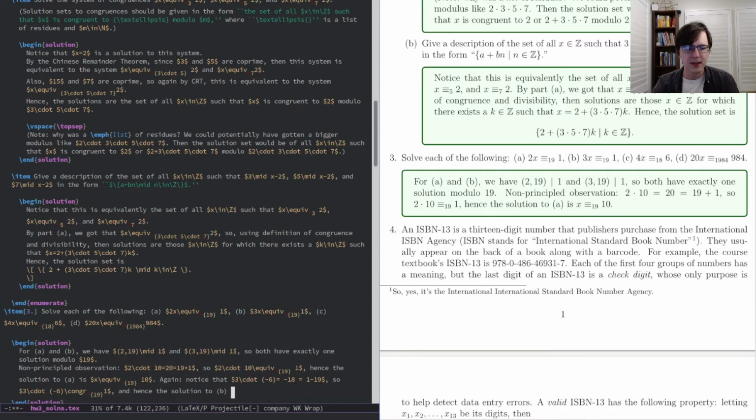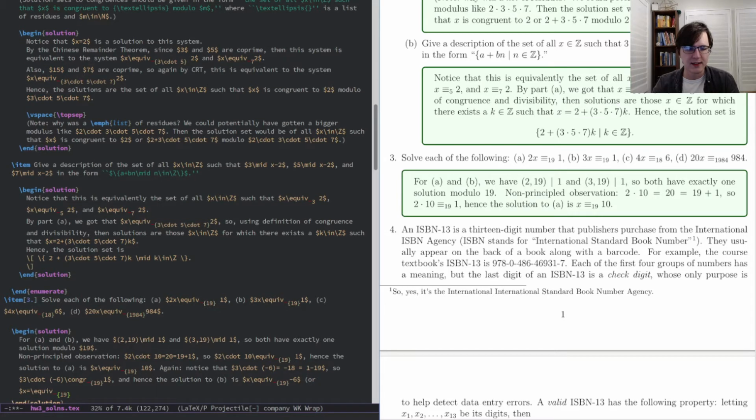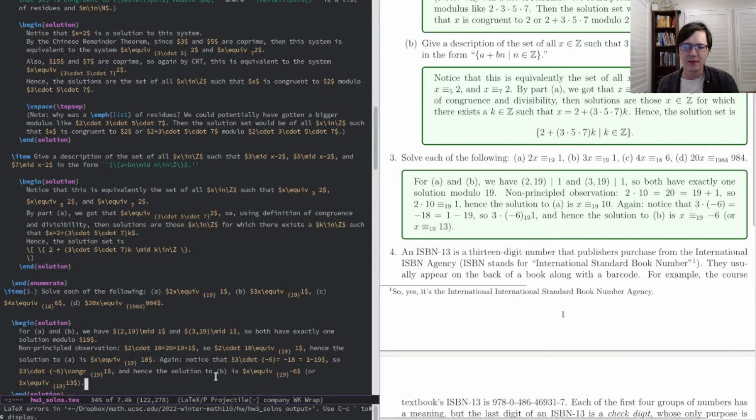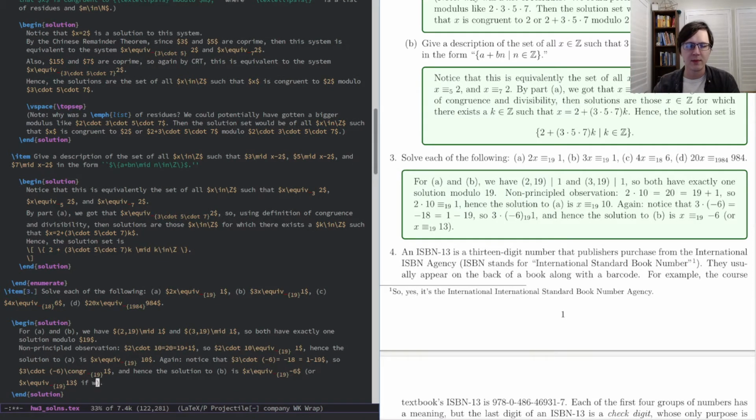So the solution to B is x is congruent mod 19 to minus 6, which we can also, if I add 19 to this, okay, 13, if we want to represent it as a residue.